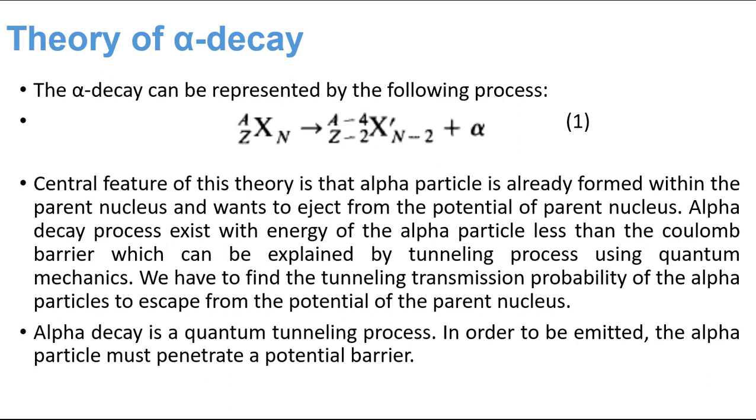It has energy less than the Coulomb barrier, but we still have alpha decay, and this cannot be explained by classical physics. We need the concept of tunneling from quantum physics, and we have to find the transmission probability of the alpha particle through this Coulomb barrier.